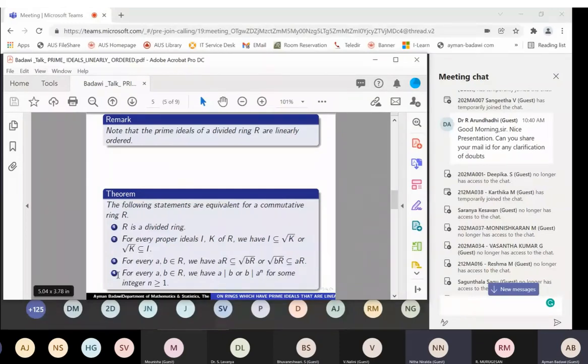So quickly, you know that R is a divided ring. It's already known that valuation domains are divided rings.